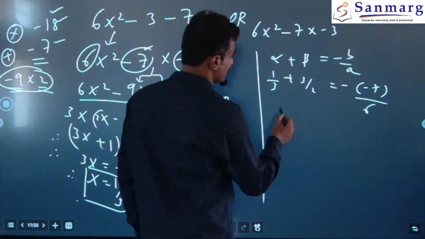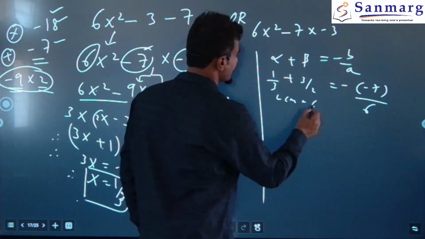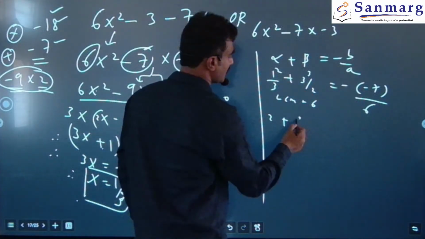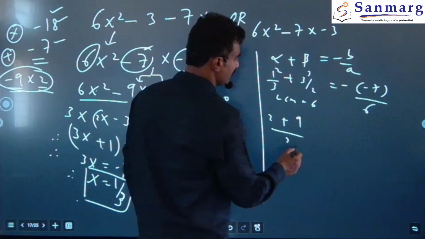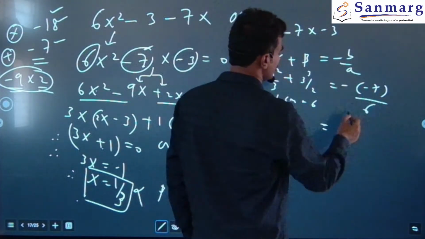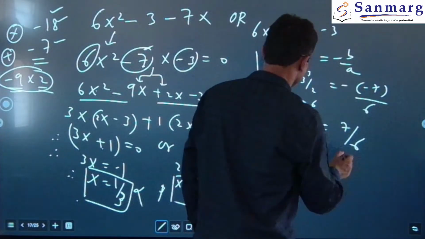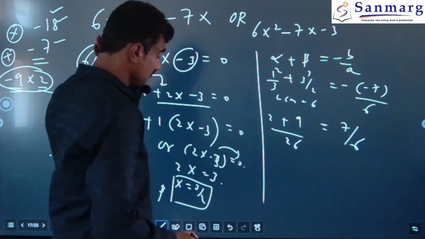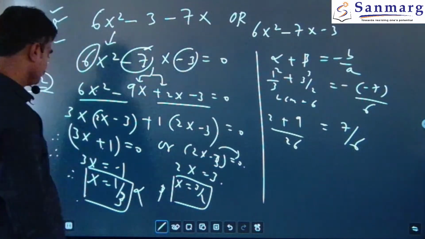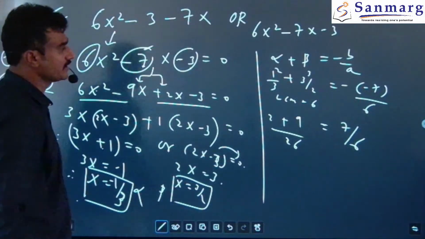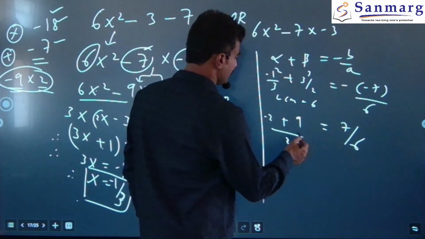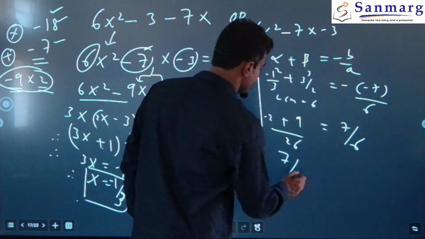So minus 1 by 3 plus 3 by 2, take LCM as 6. 3 2s are 6, 2 1s are 2, which is minus 2, plus 3 3s are 9. So 9 minus 2 is 7 by 6. Minus into minus 7 is plus 7, so plus 7 by 6.